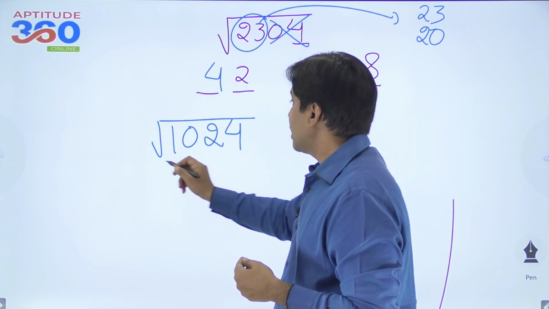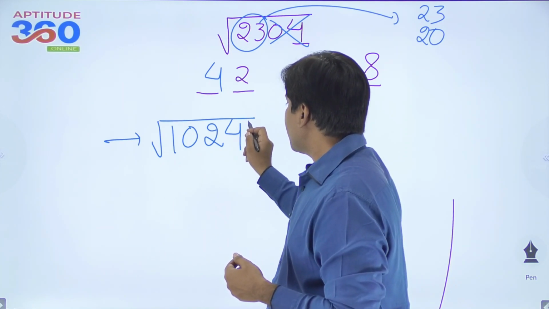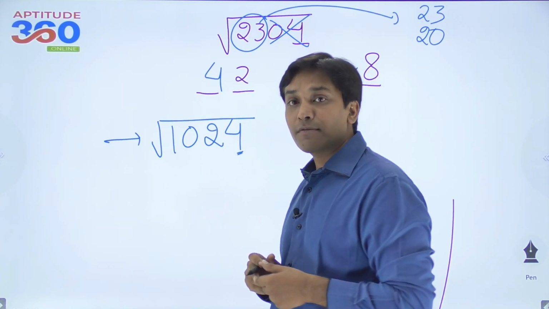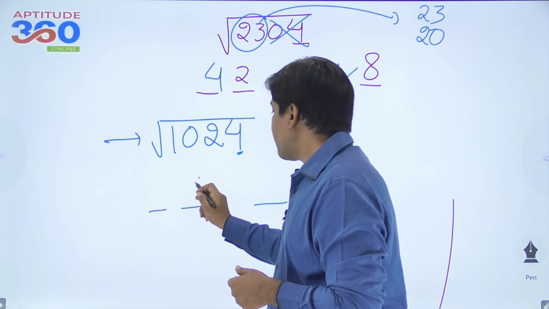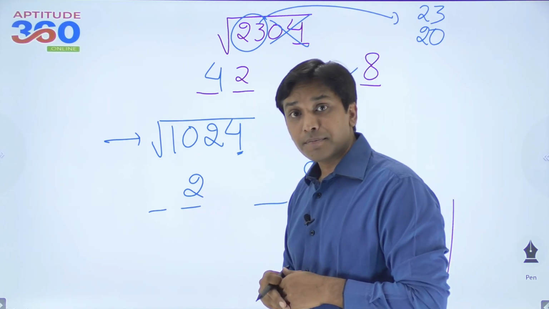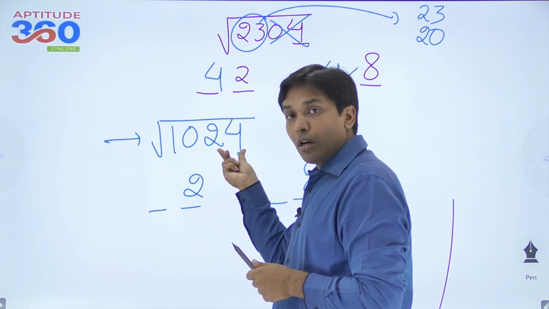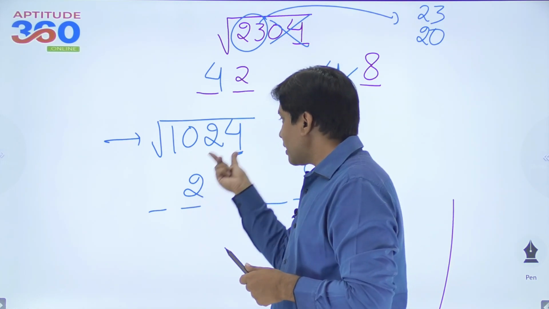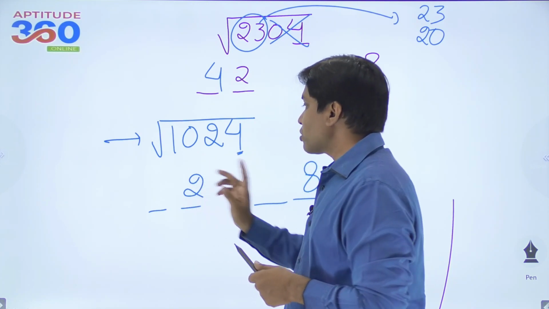If the digit at the unit place is 4, the digit at the unit place of the square root will be either 2 or 8. Do you understand this? Why? Because this is 4, so 2 square is 4 or 8 square is 64. So these two could be the possibilities.